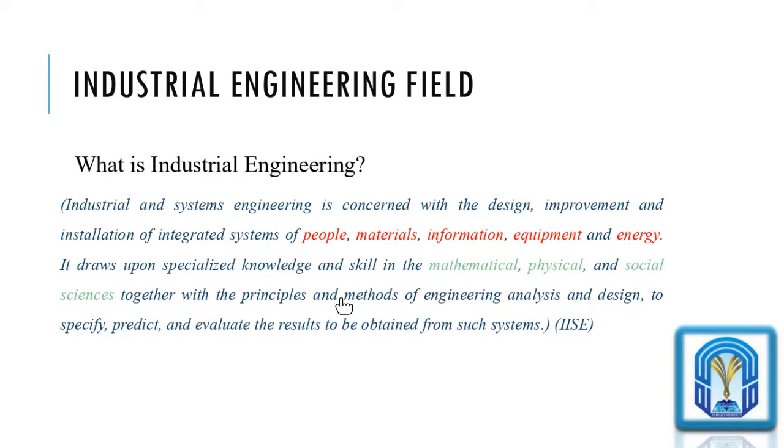Together with the principles and methods of engineering analysis and design to specify, predict, and evaluate results obtained from such systems. So basically, you need those fundamentals: mathematics, including statistics and probability, and the other math courses, calculus 1 through 3, then differential equations, physics 1 and 2. Social, as we said, there are plenty of courses under social that also impact how you handle these things.